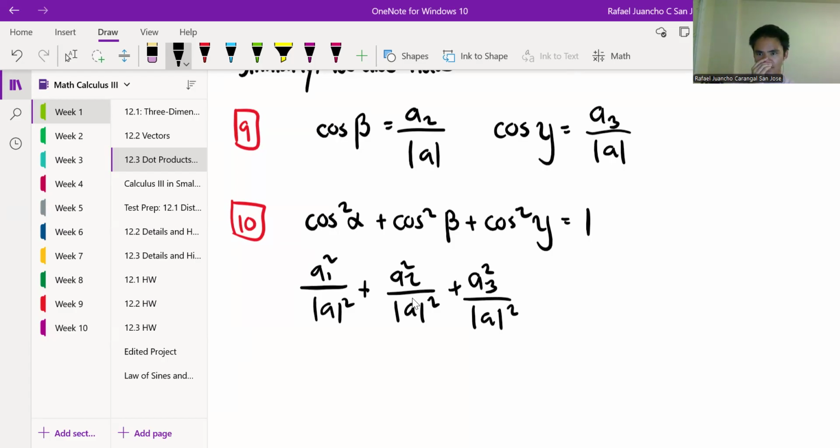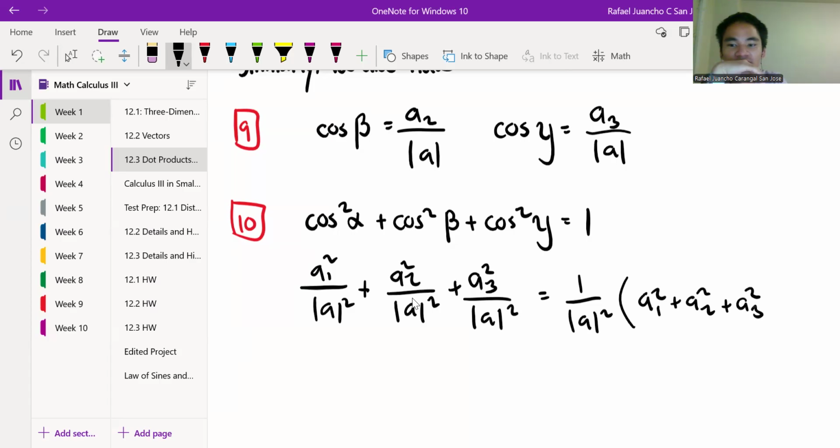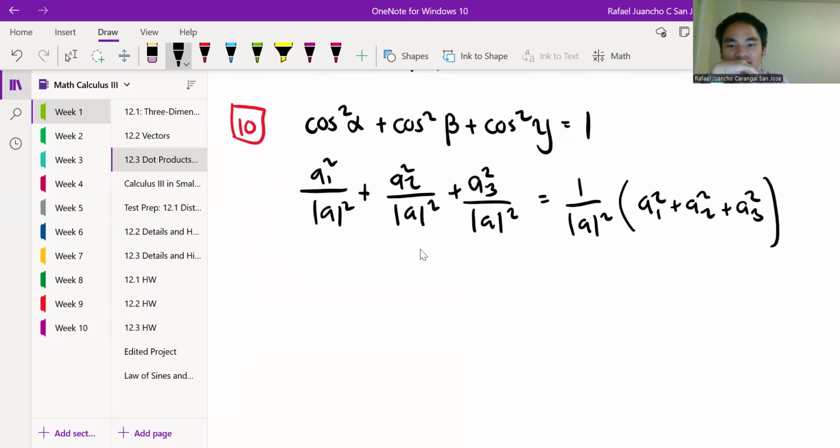And then if I factor out maybe this thing, see where the math will take us. A squared 1, A squared 2, A squared 3. Right? Oh, I see it now. So this whole thing is that distance squared.